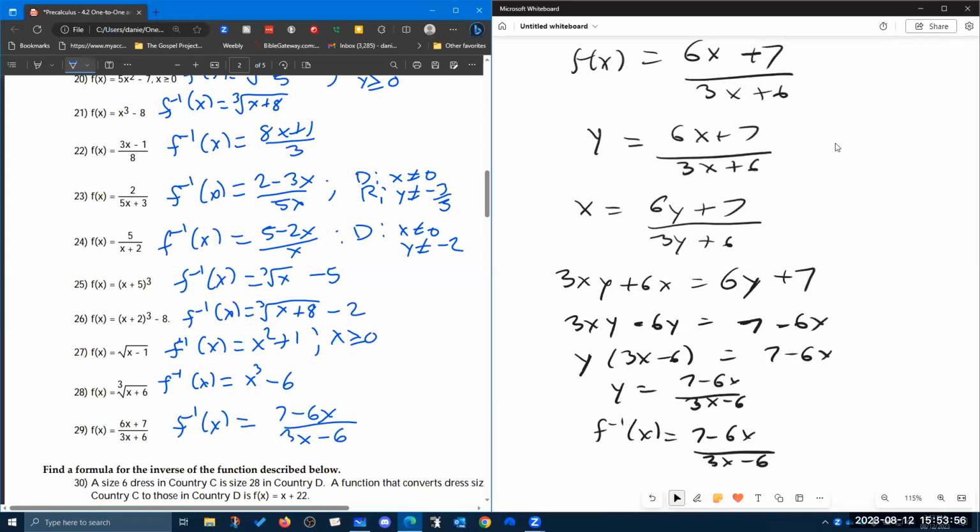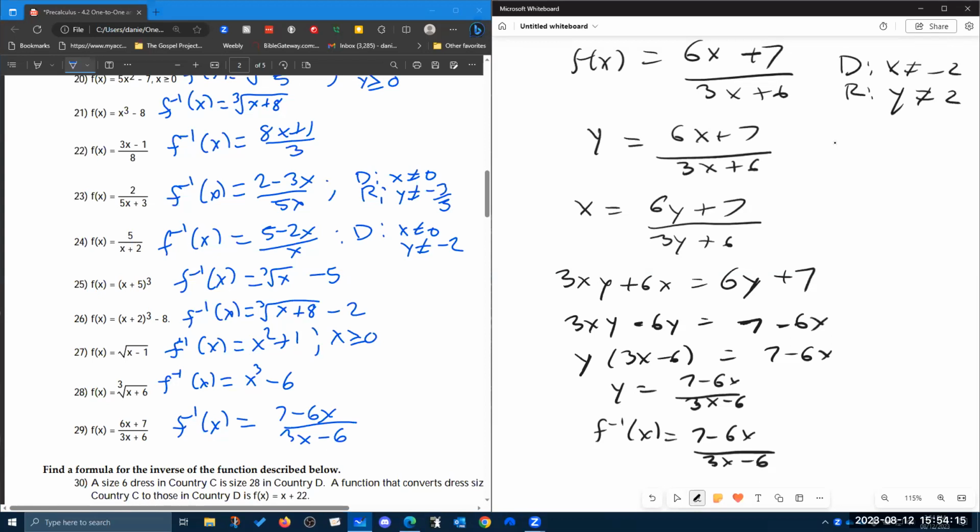And you can find the domain up here. Let's say x can't be -2. And the range here is that y can't be +2.